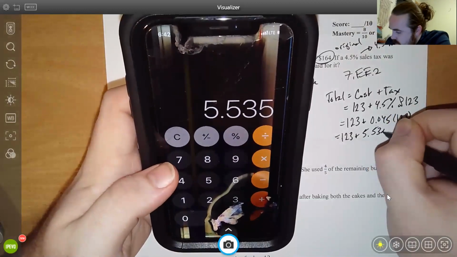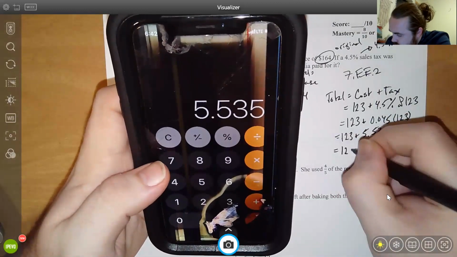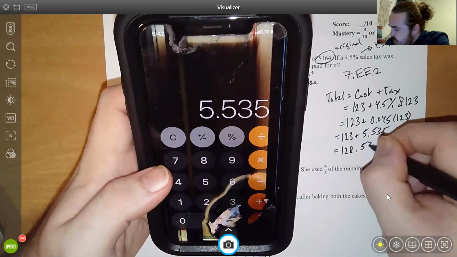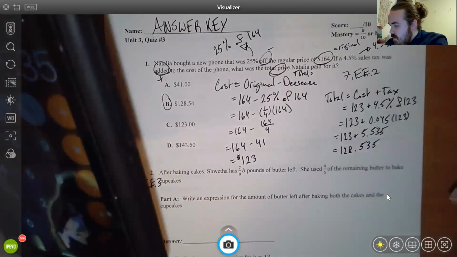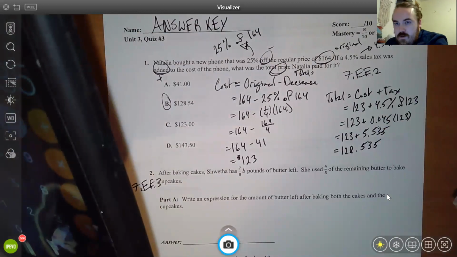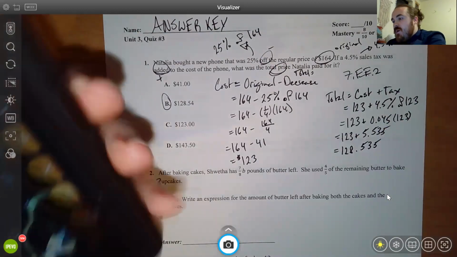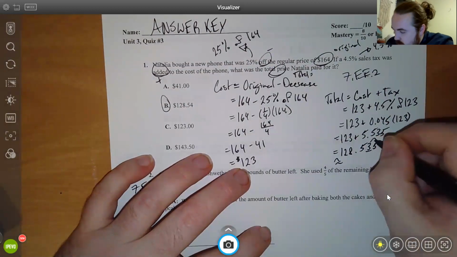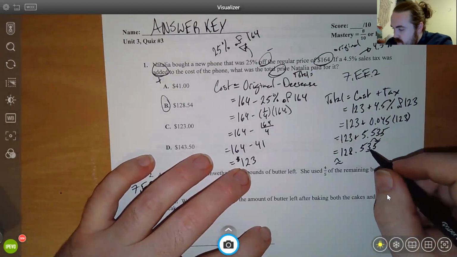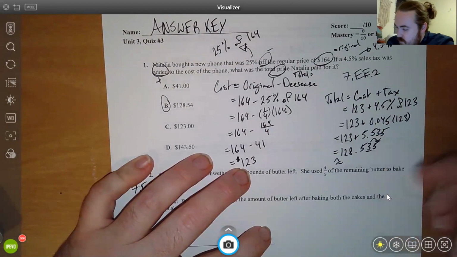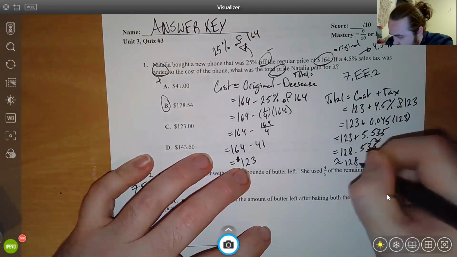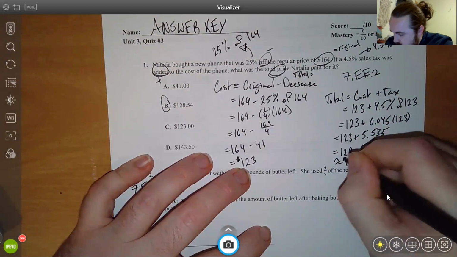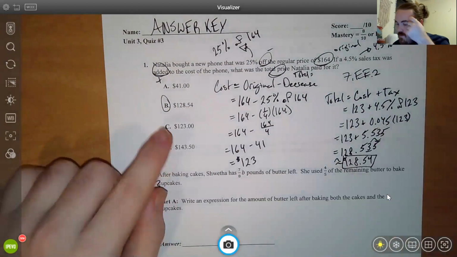That's 5.535. Add that to 123, and we get 128.535. Remember that with money, you can't have three decimal places. You have to round it to two. The third digit is 5 or larger, so we round up. So it's 128.54. And that is the correct answer.